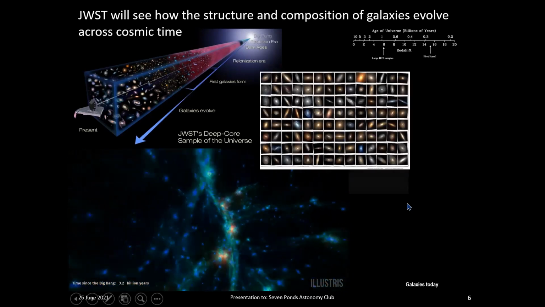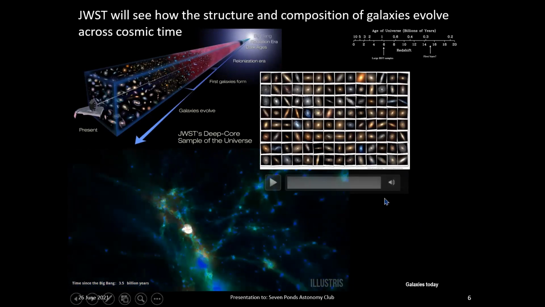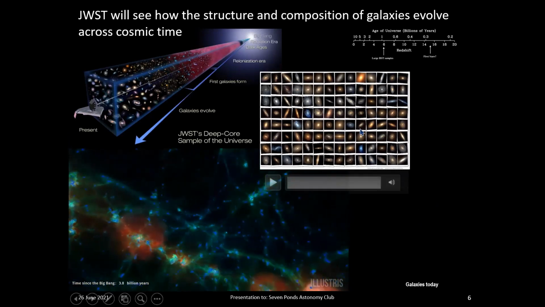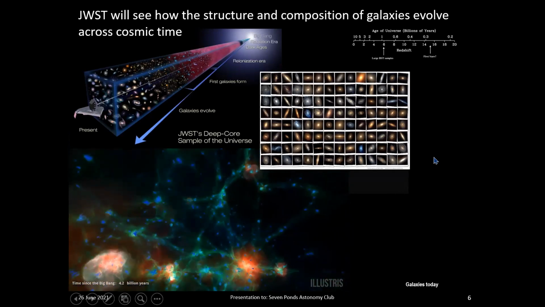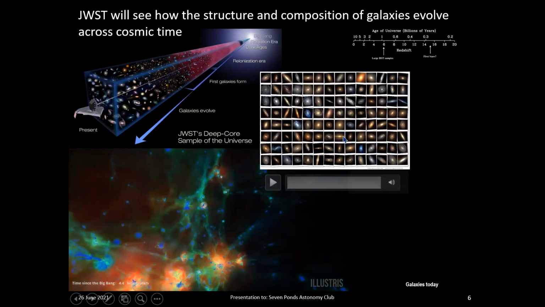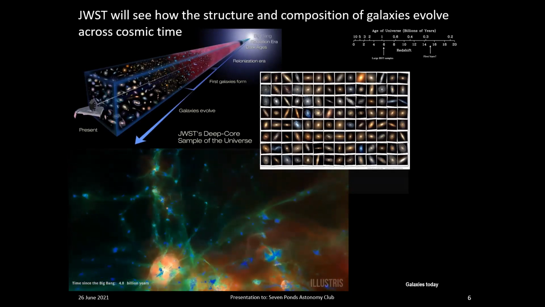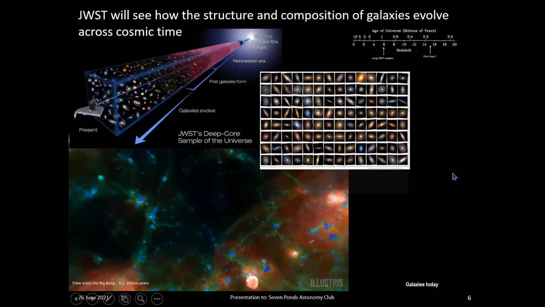When we look at galaxies nearby with the Hubble Space Telescope, they have the morphologies or shapes that you're familiar with from textbooks and posters. Some have spiral arms, some have bulges, but they're generally very regular, symmetric morphologies or shapes.